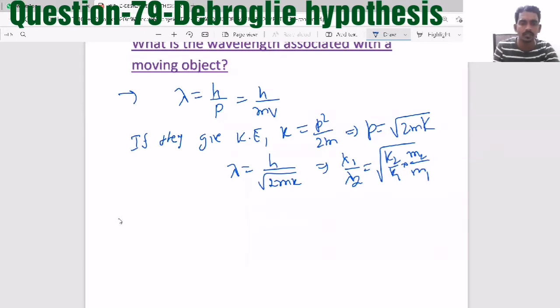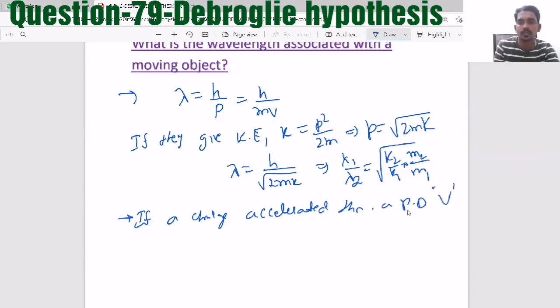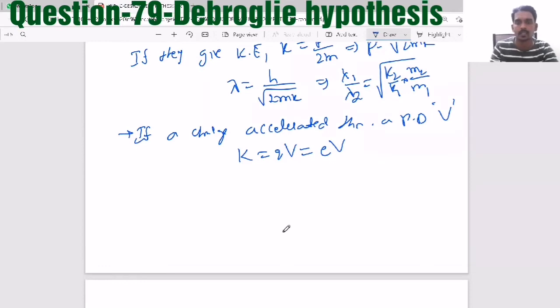Or if a charge is accelerated through a potential difference V, then kinetic energy equal to QV, equal to eV if it is an electron. So just let it be QV only.